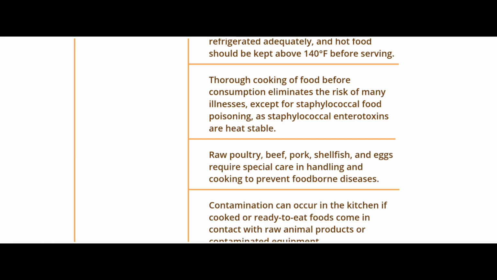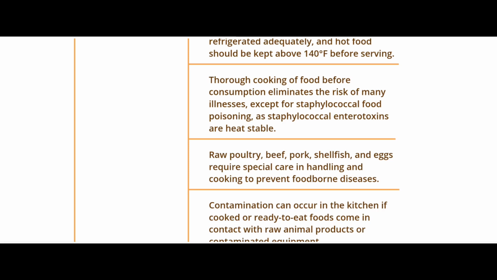Raw chicken, beef, pork, shellfish, and eggs require special care in handling and cooking to prevent such foodborne disease. Contamination can occur in the kitchen if cooked or ready-to-eat food comes in contact with raw animal products.